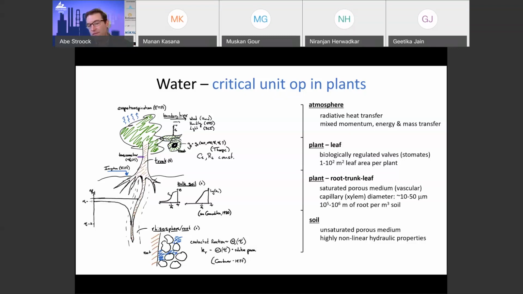As we move into the leaf, we have living tissues under biological control. Here is where the plant actively controls its role as the boundary condition on the atmosphere. Meters squared per plant of exchange area for both radiation and mass.